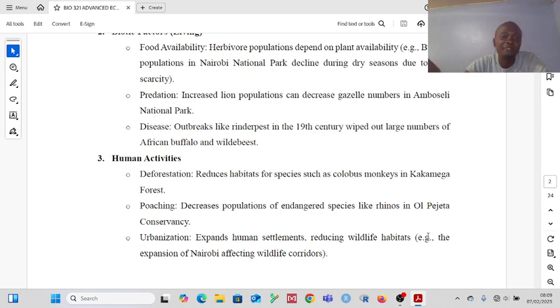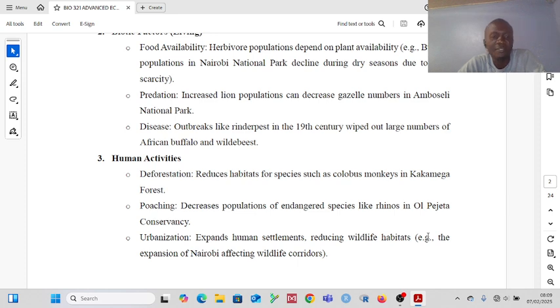As they move out of an area, they will have changed the population density, because they are moving from one place to another. The population density will reduce from where they are coming from and increase where they are going to.